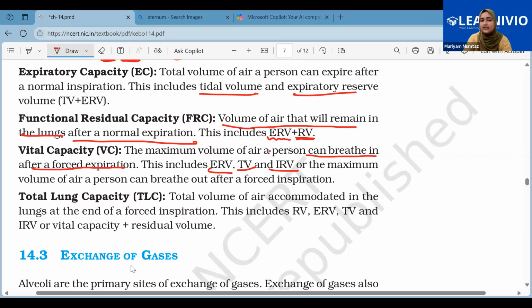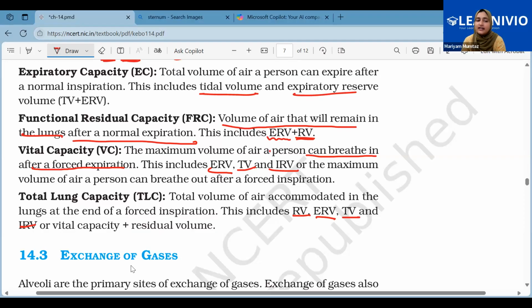Lastly, there comes the total lung capacity, meaning that at the end of forced inspiration, when we take a deep breath in, the volume of air that can fit into the lungs would be the total lung capacity. It would contain residual volume, ERV, TV, and IRV. It's a combination of all.